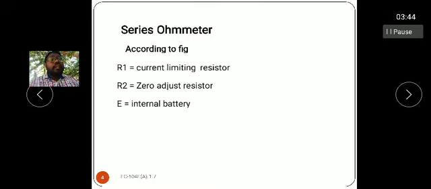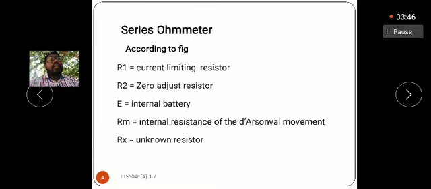According to the figure, resistor R1 is the current limiting resistor, connected in series. R2 is the zero adjust resistor: at full scale deflection you adjust the reading with the help of the zero adjust resistor, which is connected across the meter.